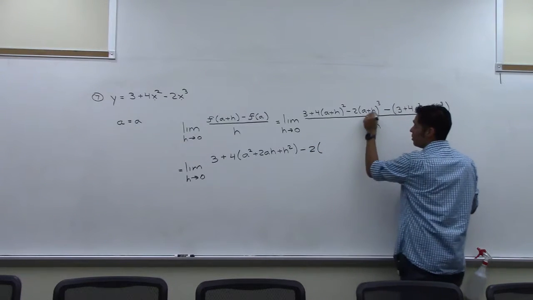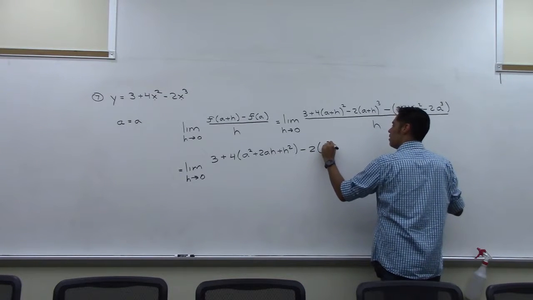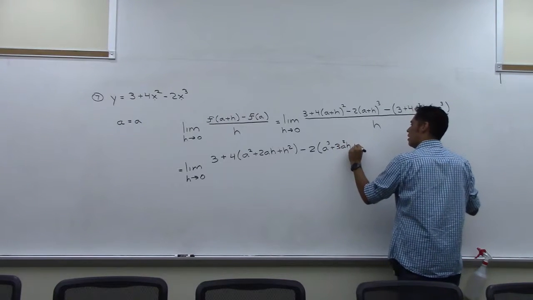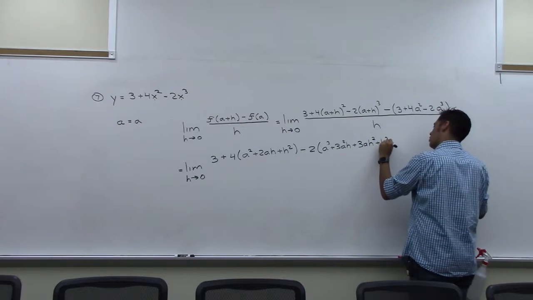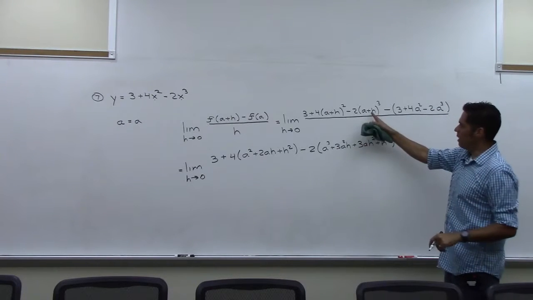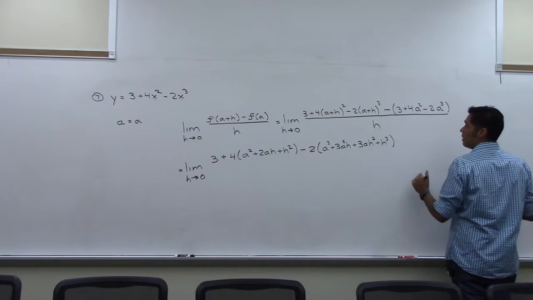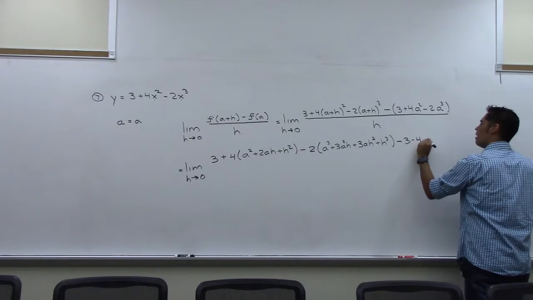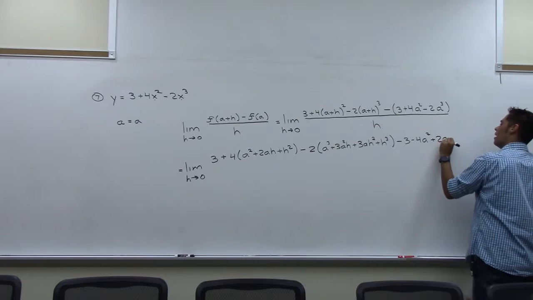So again, I'm going to assume you could do a plus h times a plus h times a plus h. You would get a cubed plus 3a squared h plus 3ah squared plus h cubed. That's what you would get if you actually cubed that. And then minus, I'll distribute the minus through, minus 3 minus 4a squared plus 2a cubed.